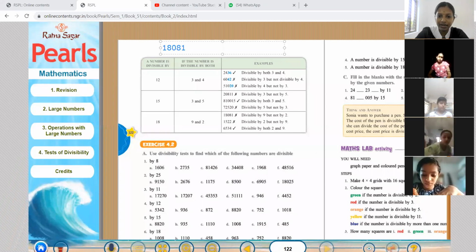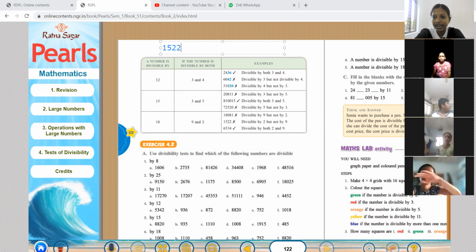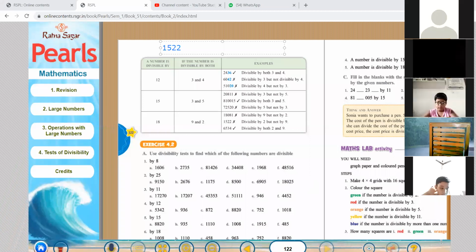Okay. And the second example. What's the second example? 1522. What about this number? Is it divisible by 2? It is divisible by 2 because the last digit is 2. So we can say that it is divisible by 2. Okay, next what we have to find? Next we have to check whether this number is divisible by 9 or not. How will you check?